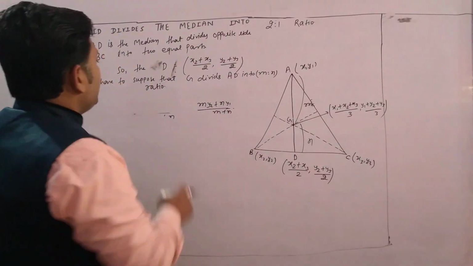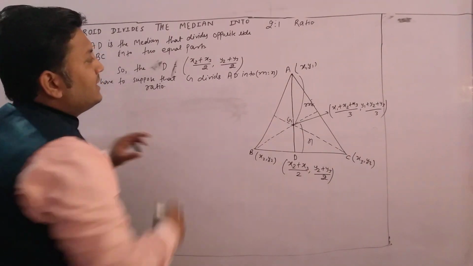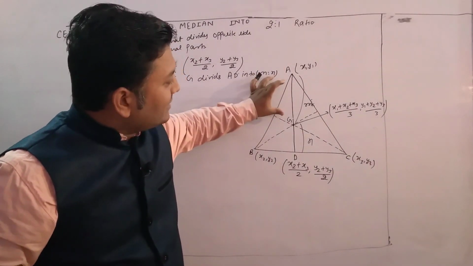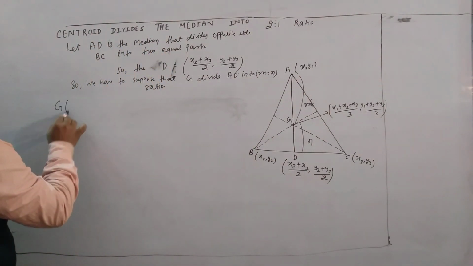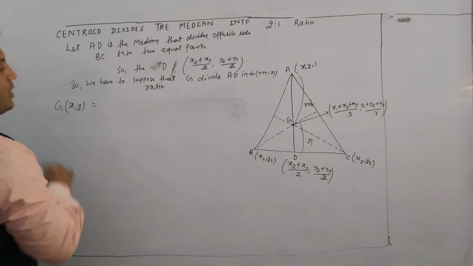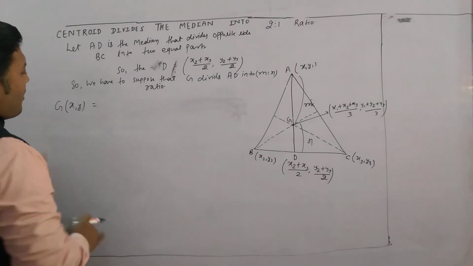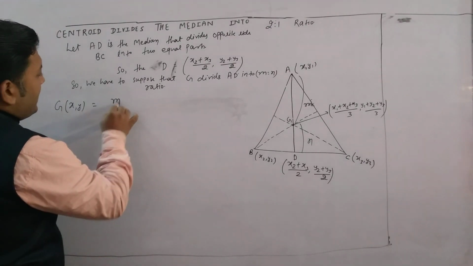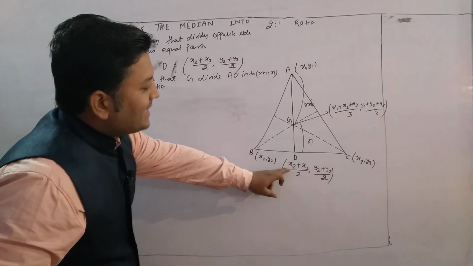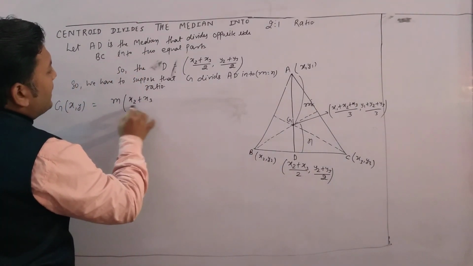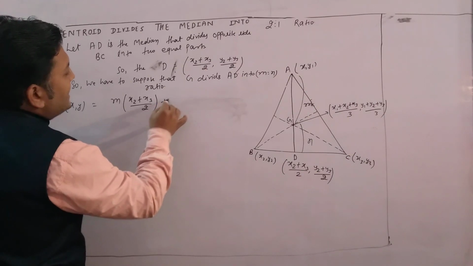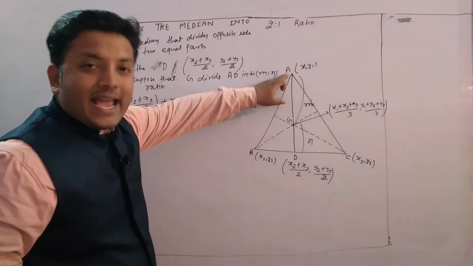Here G is the point that divides AD into two parts, AG and GD. So coordinate of G x comma y equal to m x2. What is x2? x2 plus x3 by 2 plus nx1. What is x1?